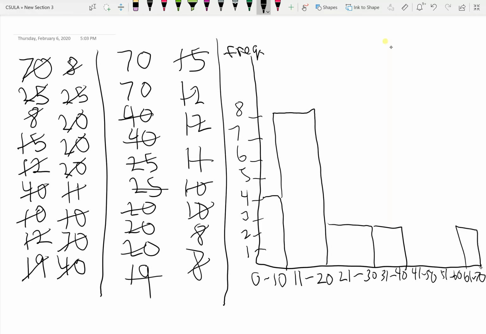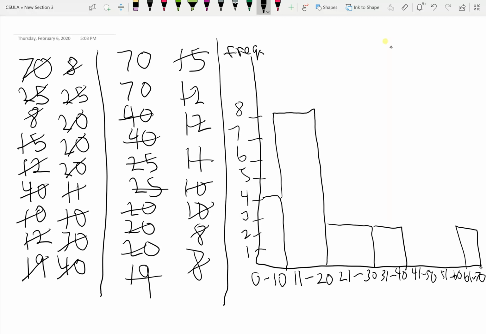All right, we got ourselves a histogram. So it's a visual illustration of a frequency count. Based on this, which is the most popular range of shoe ownership? 11 to 20. So for those of you who own 11 to 20 pairs of shoes, you're pretty much the most popular, or the most frequent group.